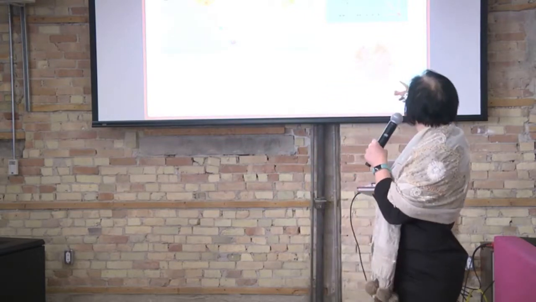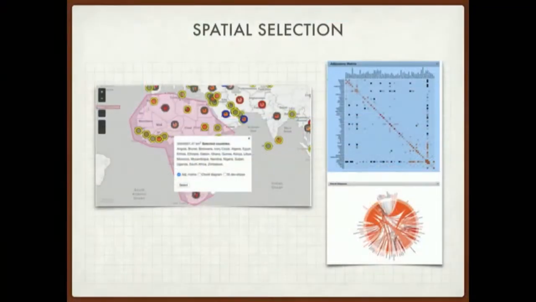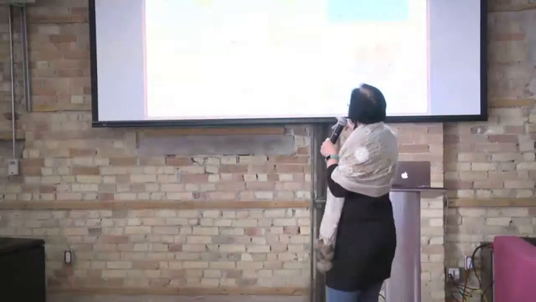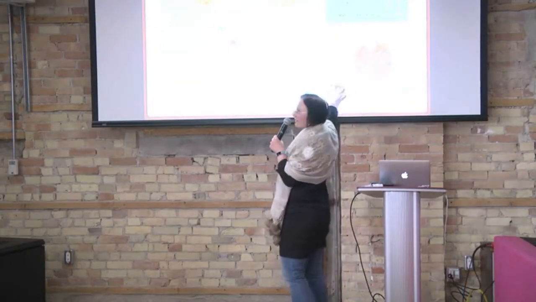You can look at the adjacency matrix that shows you how often these countries interact, countries that are on the African continent and those that are outside, and it groups only countries which are related to Africa. Another one is a chord diagram, which is very easy to use.